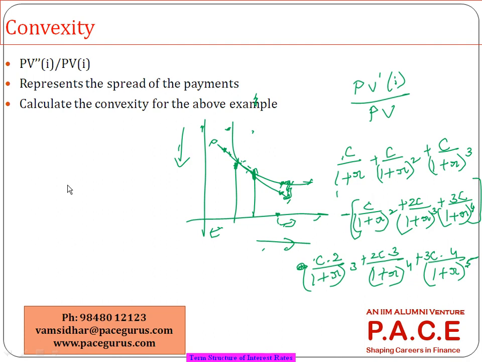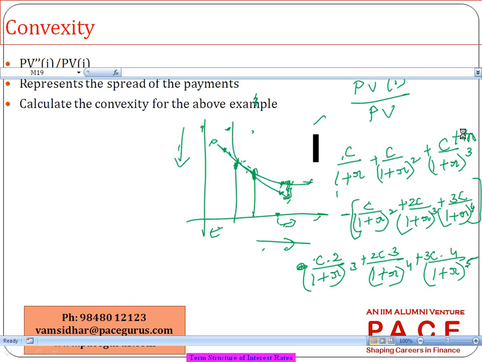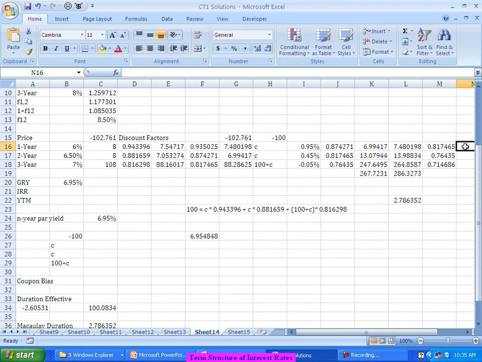And now what I'll take, 2 into, okay, here it would be C plus 100, because even the principal will come out. So we are talking of 2 into the first coupon plus 6 into second coupon plus 12 into third coupon and something like that.